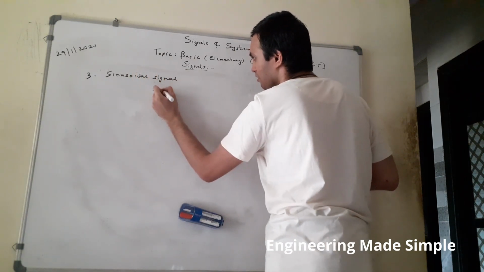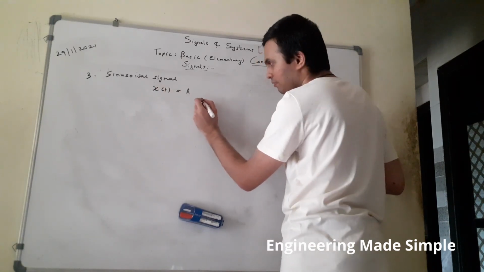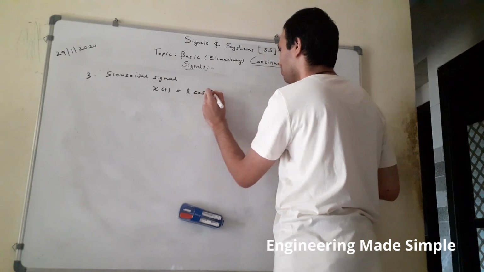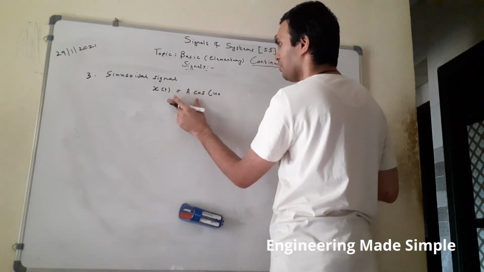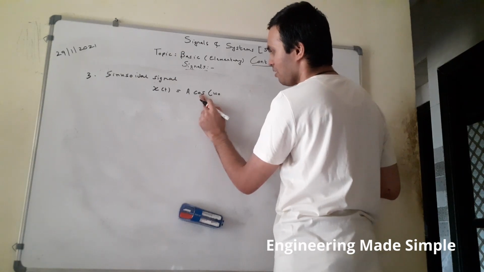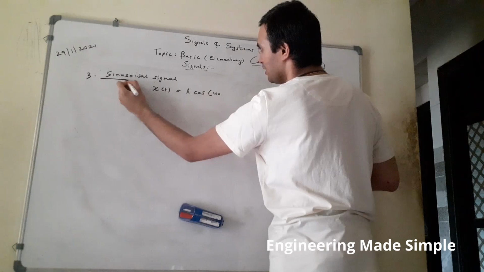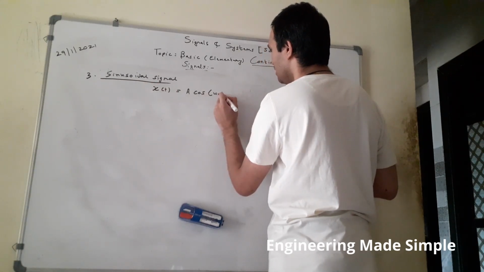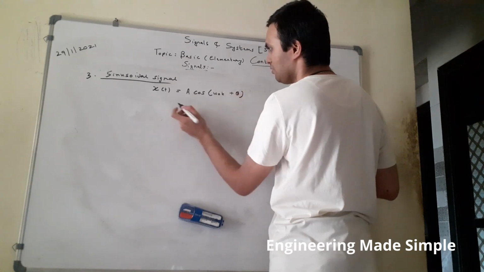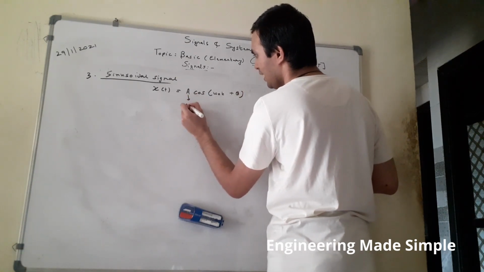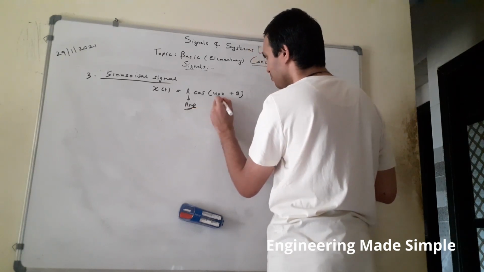So x of t is nothing but a sine or cos. Both represent the same nature. It is known as sinusoidal, or when I write cos, it is known as cosinusoidal also. But in general, it is represented as a sinusoidal signal only. So a cos omega naught t plus theta is your expression, where a is the amplitude of the sinusoid or cosinusoidal waveform.